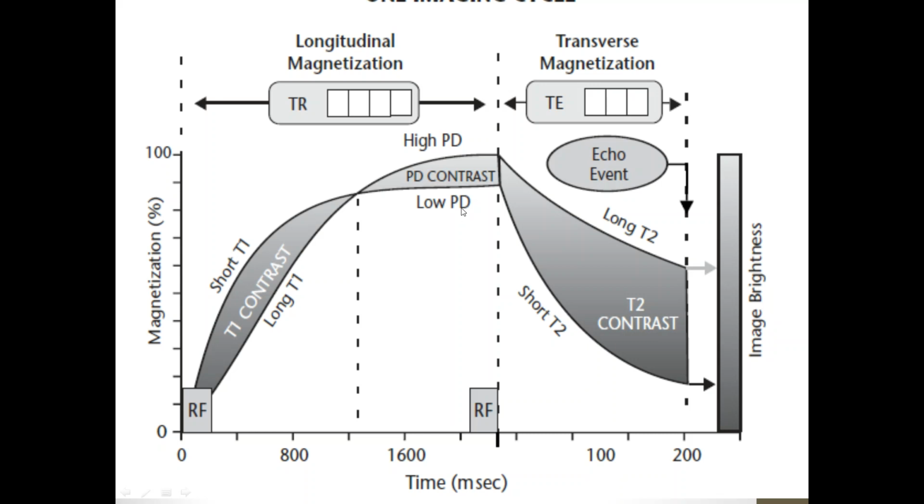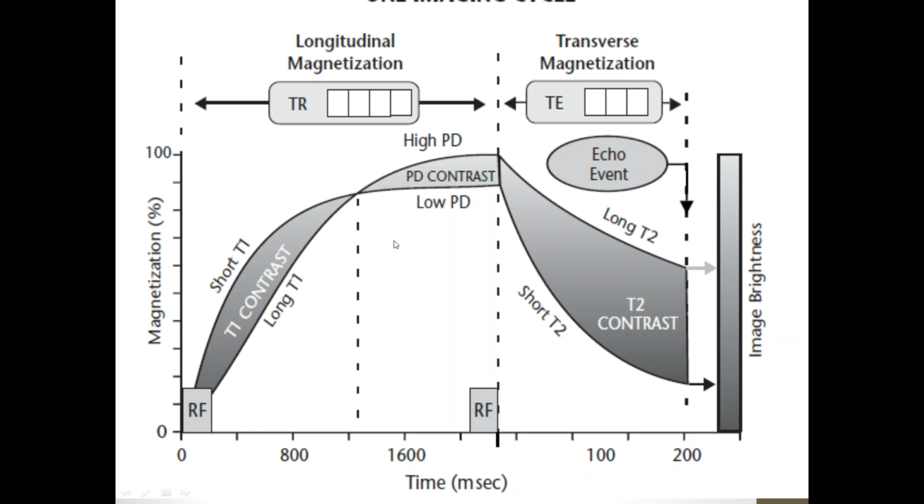So you have to select specific parameters of TR and TE for the specific sequence you need. Selecting TR and TE is very important to remove or to ignore the effect of certain magnetization.